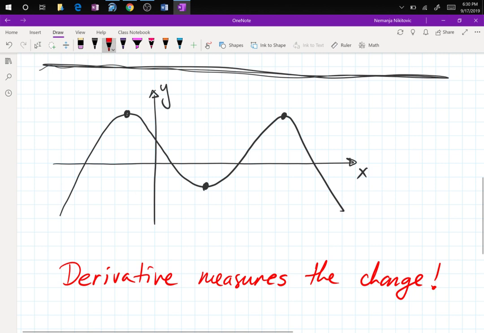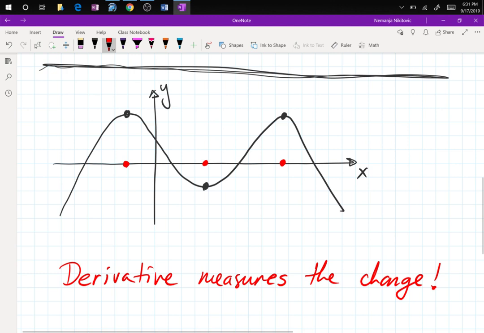So I'm going to have my red points on the same x value, and my derivative is going to cut through the x-axis wherever the black line, which is a function, has a min or a max.